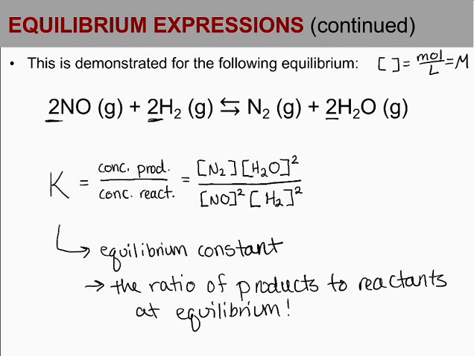All right, so we're assuming that this reaction has already finished and the forward reaction occurred, the reverse reaction occurred, and at some point their rates equaled each other, and the concentrations of the reactants and products stopped changing.